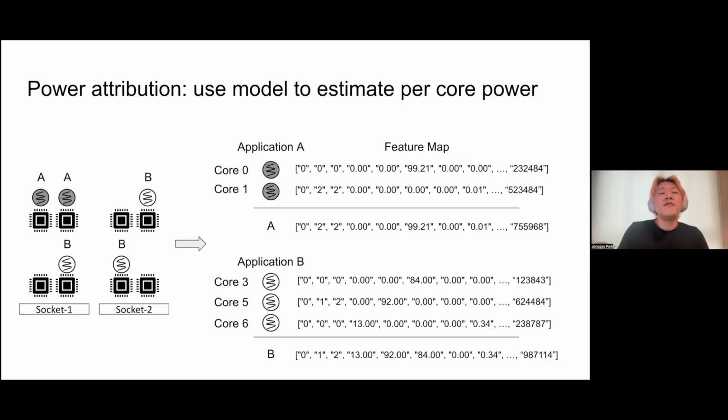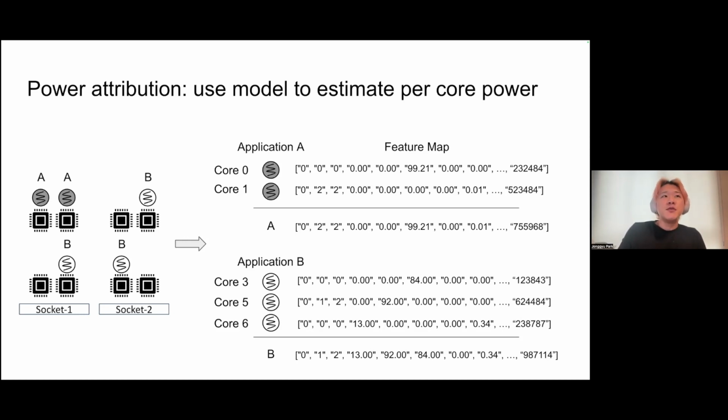So far, we verified the accuracy of our machine learning model, comparing the estimated power with ground truth. We leverage this machine learning model not only for estimating the entire CPU power consumption, but also in the process of power attribution to applications.